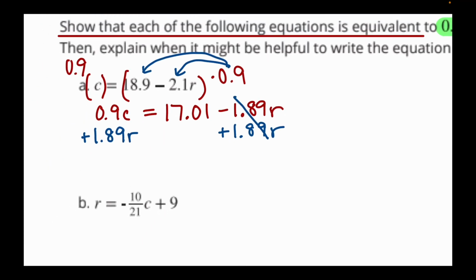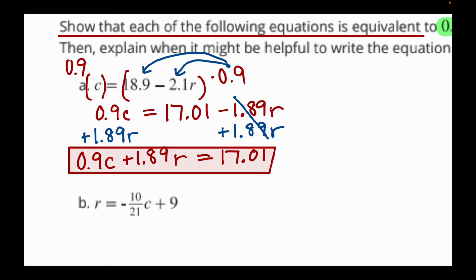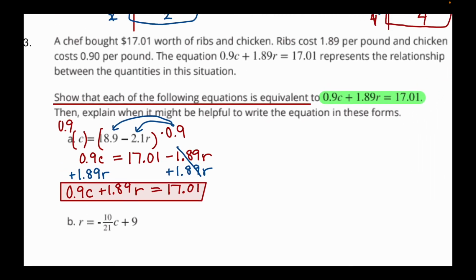They're two different variables, so I'm not going to be able to add them together. So on the left, we're just going to write them next to each other, 0.9c plus 1.89r, and it's just going to be equal to 17.01. And I can double check my green highlighted equation, but I'm pretty sure this is exactly what I was looking for. Yes, it is.